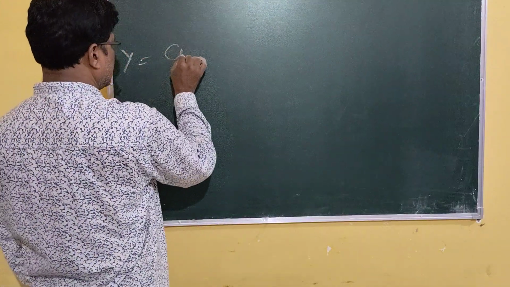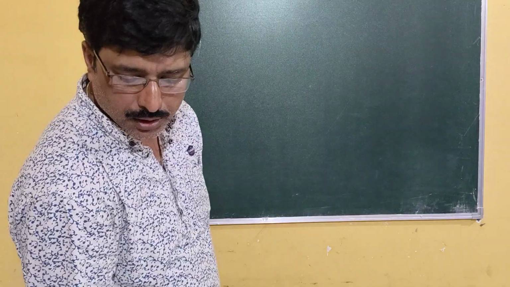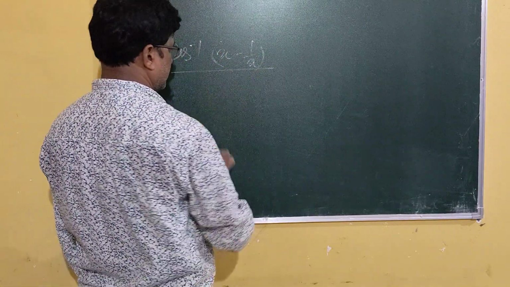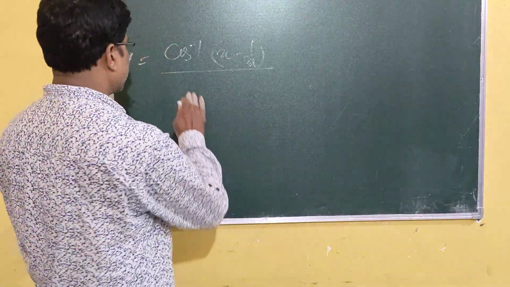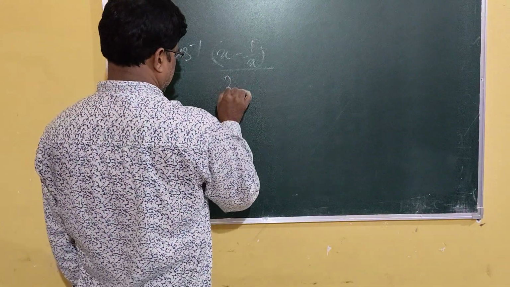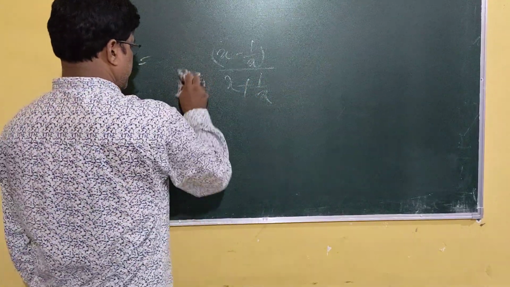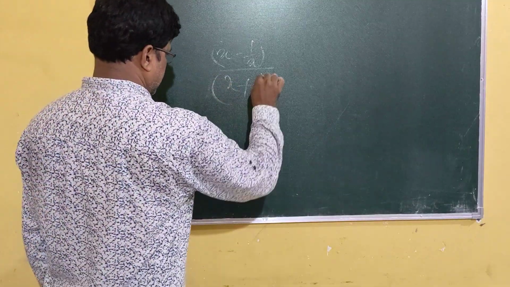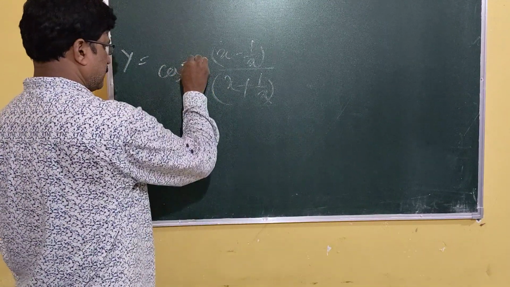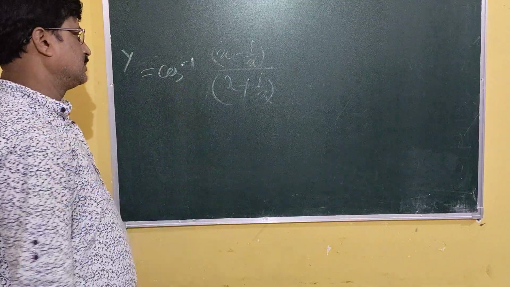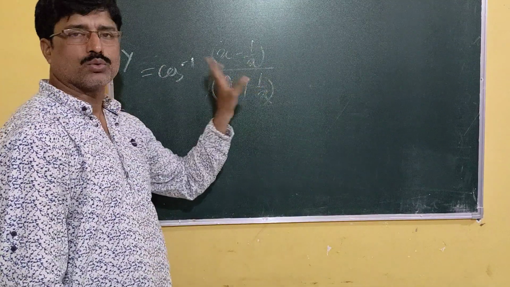In your book it is given y is equal to cos inverse of x minus 1 by x divided by x plus 1 by x. Sorry, this is not right, it is x plus 1 by x. This is your problem, and this is cos inverse. So y is equal to cos inverse of (x minus 1 by x) by (x plus 1 by x).